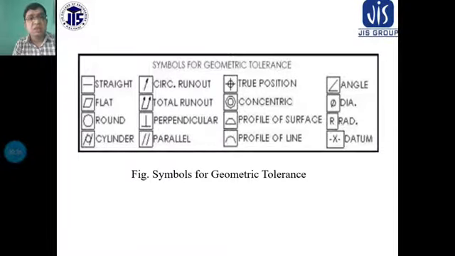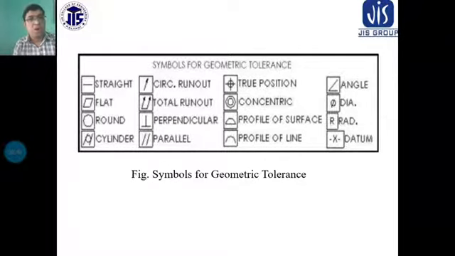You can see the different symbols for geometric tolerance given here. The straight line is given, that is straightness, and flatness, and round shapes, that is cylindricity, and circularity.